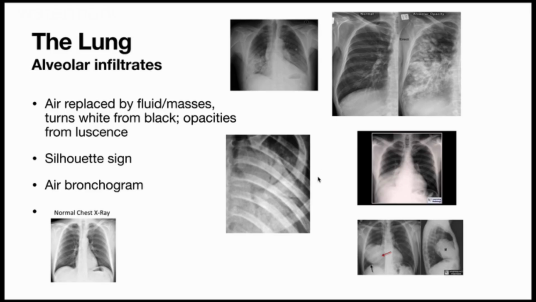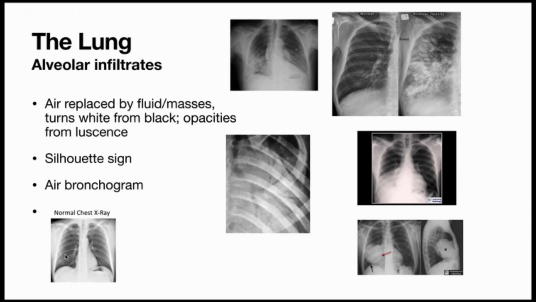For example, the air bronchogram, which I have not mentioned, is where you have the lucent lines crisscrossing through the opacity. If you have those lucent lines, these are referred to as air bronchogram. And the presence of air bronchograms also suggests the infiltrate to be alveolar.